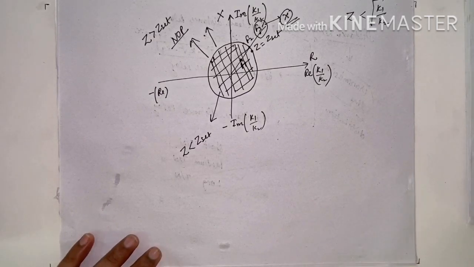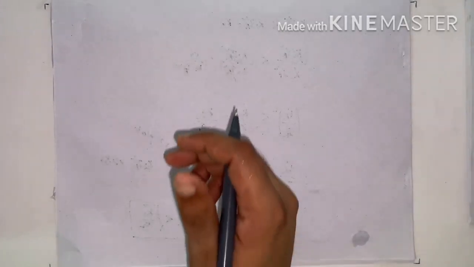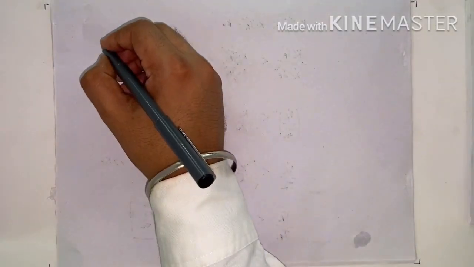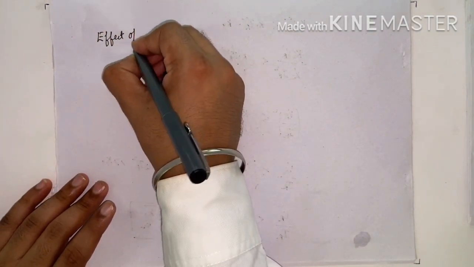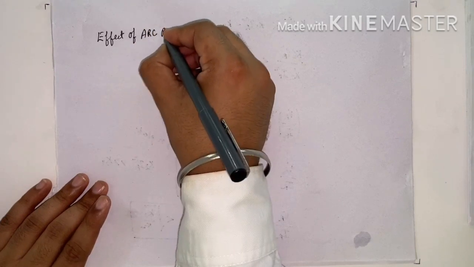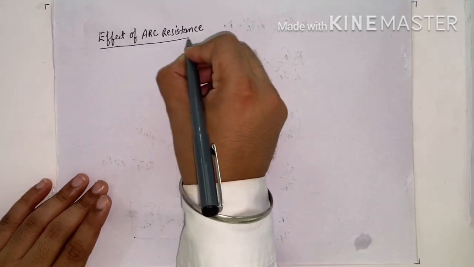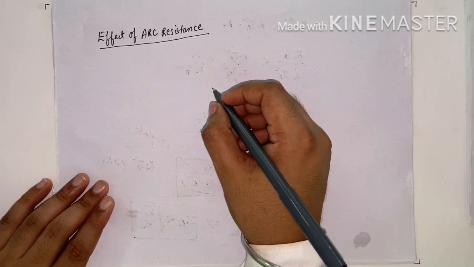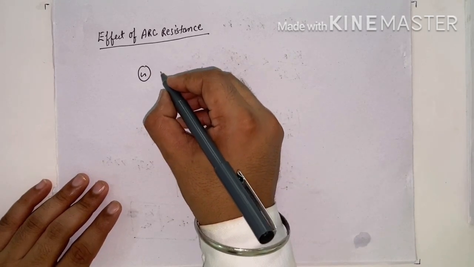Now we will consider the effect of arc resistance on the impedance distance relay. Now we will see if the fault occurs with the resistance.